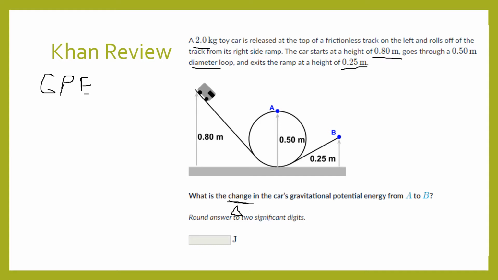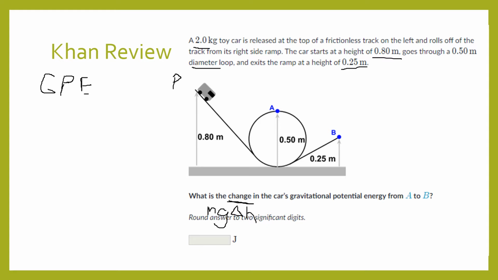So this is all you really had to do. I know that Sal Khan said mg delta H. That's true, you could use that equation. But if that equation wasn't making sense to you, this is what I would do.